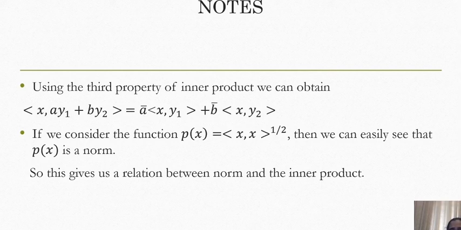There are some examples given in your textbook which I would like you to verify. Let's just go through the examples. If you consider the space Cn, the complex n-tuples, we define inner product (x, y) as the summation from 1 to n of a_i b_i conjugate, where x and y are n-tuples.